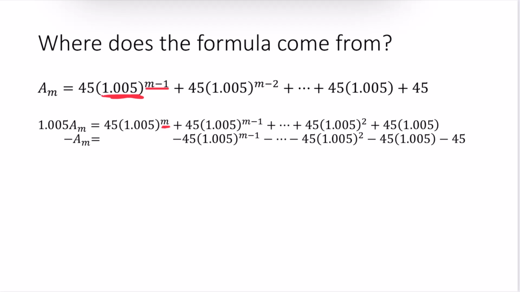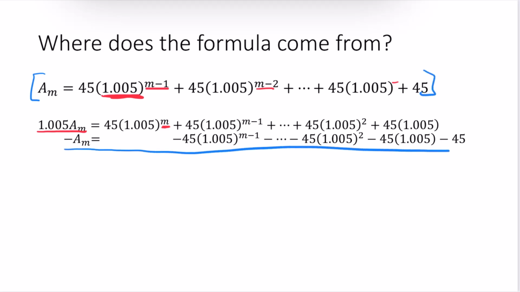And so I'm going to multiply both sides of the equation by 1.005, and that basically makes all of these exponents go up by 1. Then I'm also going to multiply the entire equation by a negative, and that gives me this result.